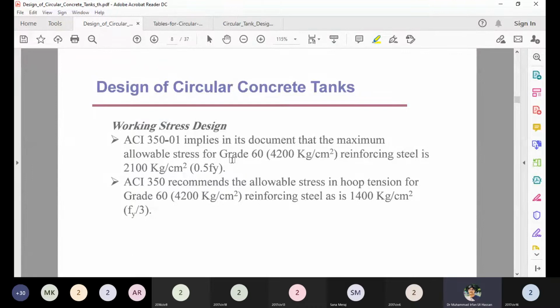So when I am designing with the working stress method, although the design is a bit heavy, we are well below the yield strength, so therefore the chances of the failure or the cracks are not there. Here normally what happens is that when we are designing the thickness of the tank, we are using the working stress method because the larger thickness is obtained, and when we are designing the reinforcement of the tank, we are using the ultimate strength design method.